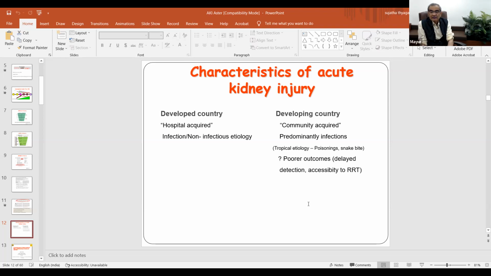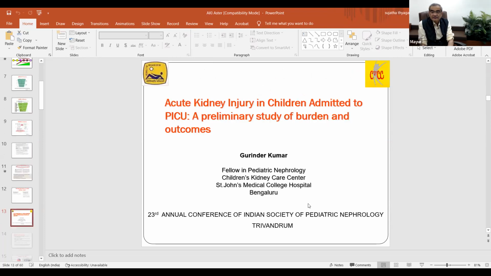In developed country, you will see more of, for example, bone marrow transplants, malignancies, accidents, and these kinds of pattern, and not so much of community acquired infections.